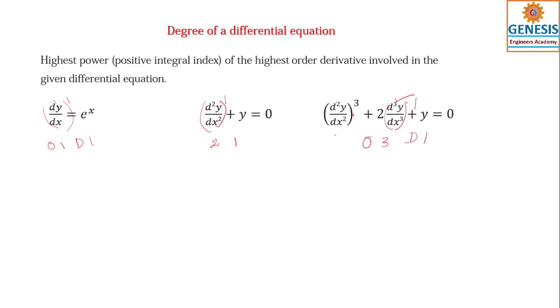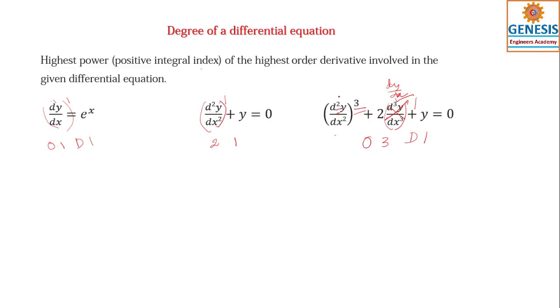Don't go by this. So here, the highest power, that is the index of the highest order derivative. So the highest order derivative is the third derivative. It is a second derivative. If it contains only dy by dx, then the order is 2 and the degree is 3.